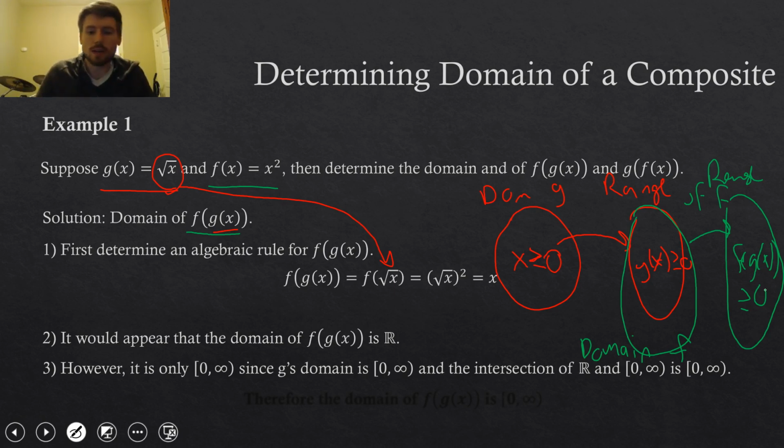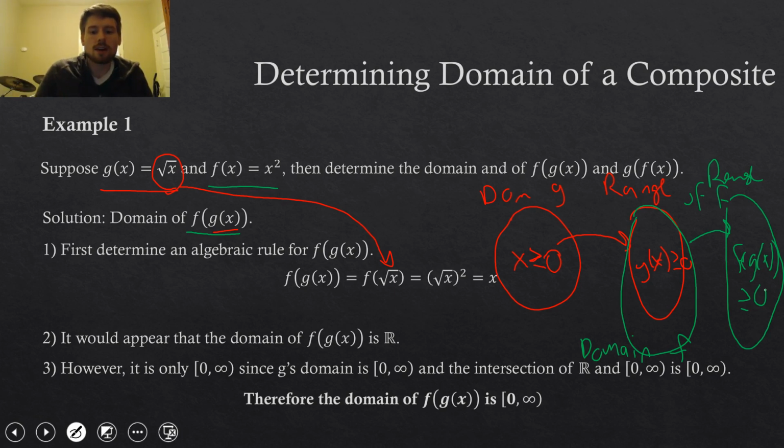That's the first thing we're plugging into. And that's the intersection, which is what's common between all real numbers, and the set from 0 to infinity, which is just the set from 0 to infinity. So that's our domain. All right, so that was a tricky one.